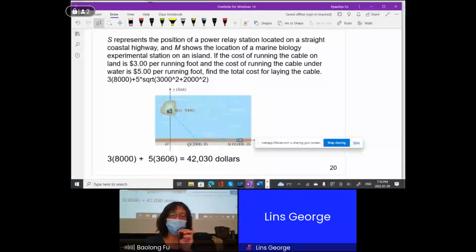So basically, in this question you have S. S is here, see, this is your S. And this is the point M. If the cost of running a cable on the land is $3 per running foot, and the cost of running cable underwater is $5, find the total cost for laying the cable.